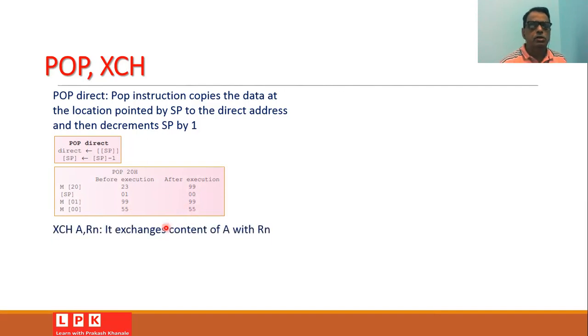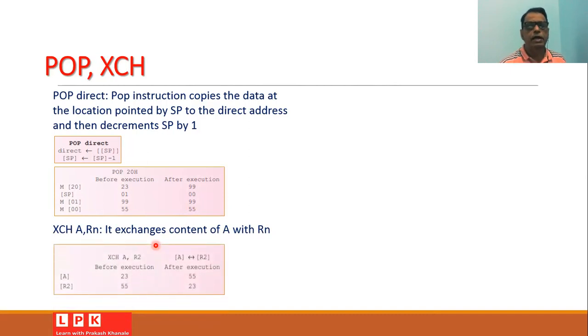There is another instruction, called the exchange instruction, XCH A, Rn, where the content of A will be exchanged with Rn. Whenever we write XCH A, R2, the content of R2 will be copied to A, and the content of A will be copied to R2. So if A has 23 and R2 has 55, after the execution of this instruction, A will have 55 and R2 will have 23.